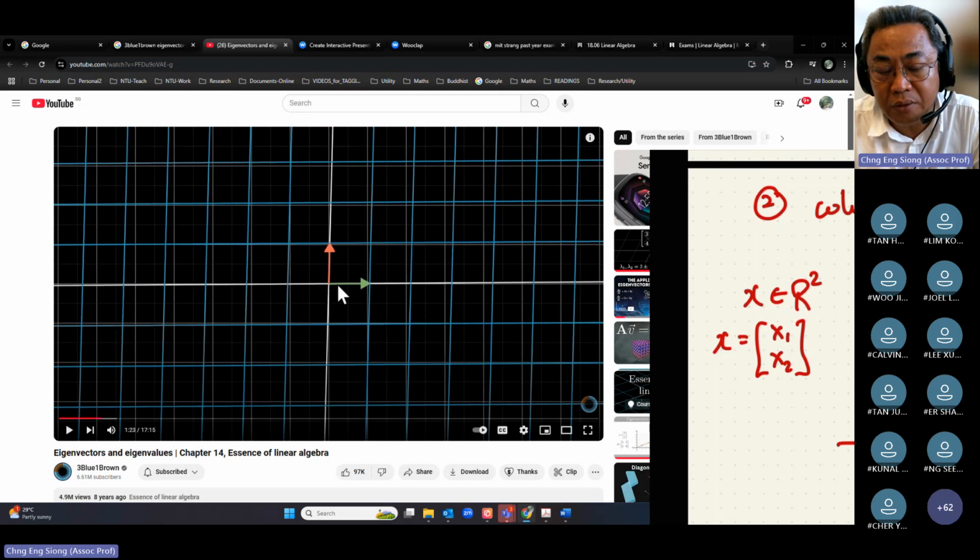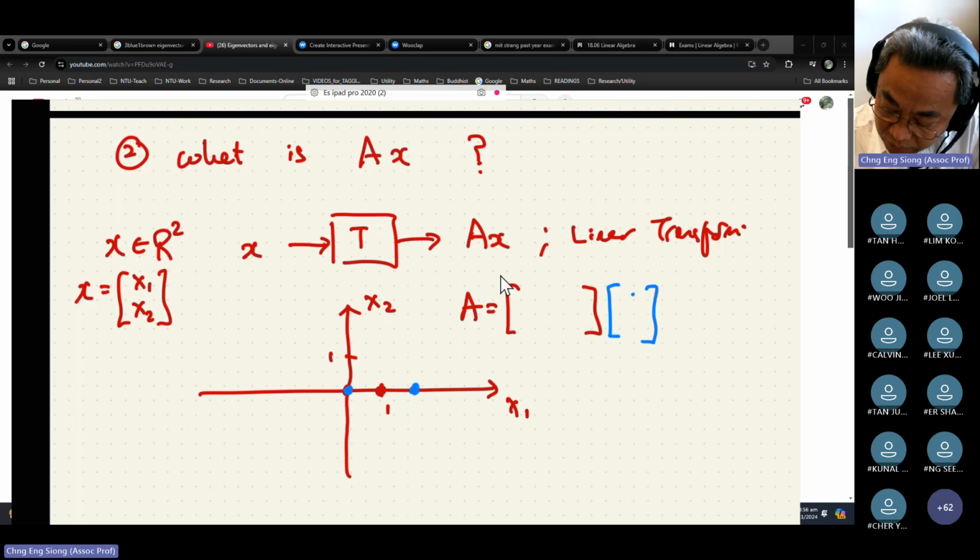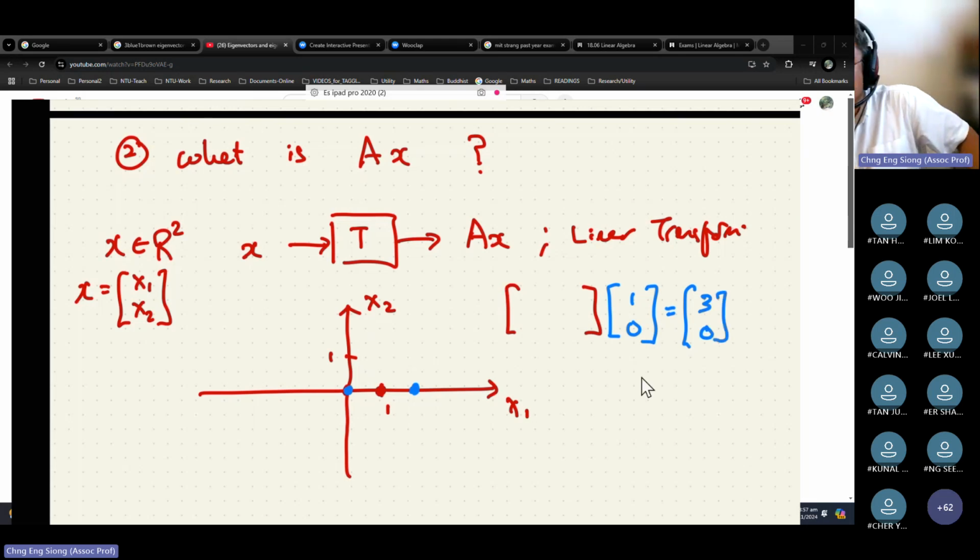He moved the green, which was from (1, 0) to (3, 0). So he basically says, I'm going to move (1, 0) to who? To (3, 0). Right?